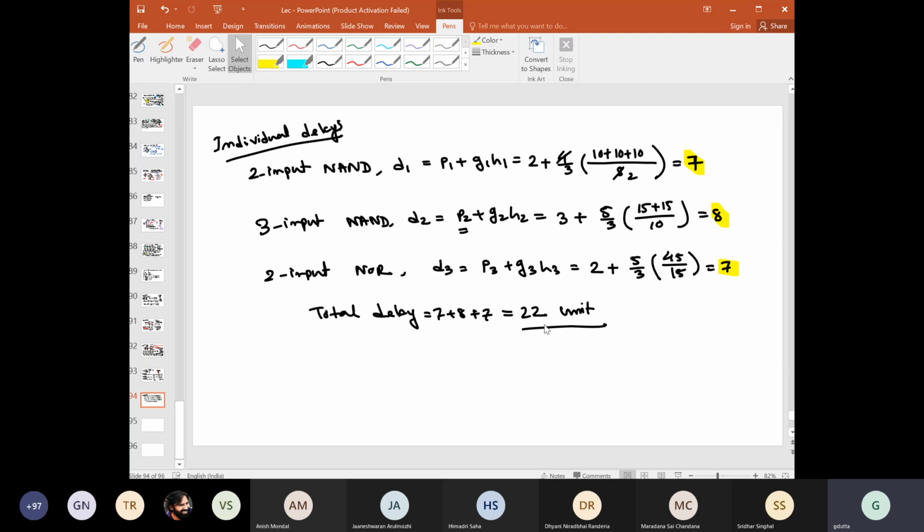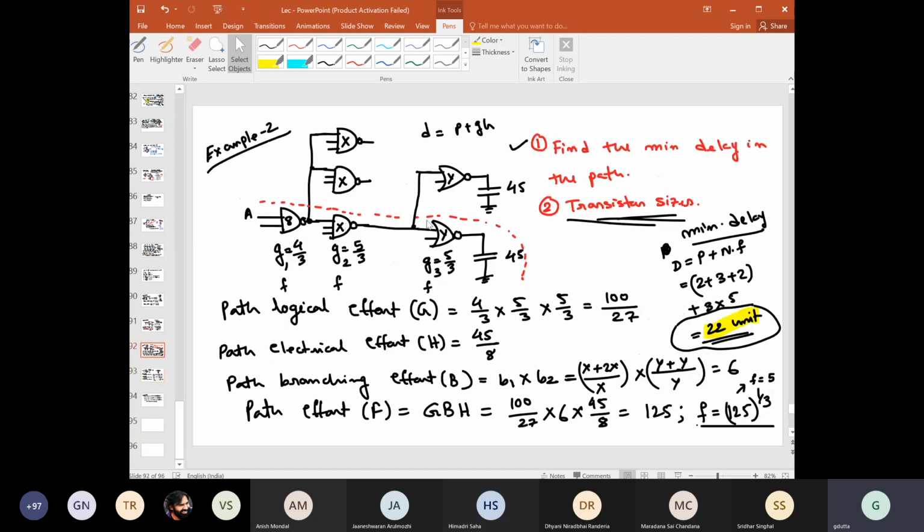I hope with this discussion you have got the basic idea about how to estimate the minimum delay for any combinational logic circuit along a particular path, and what we mean by logical effort.